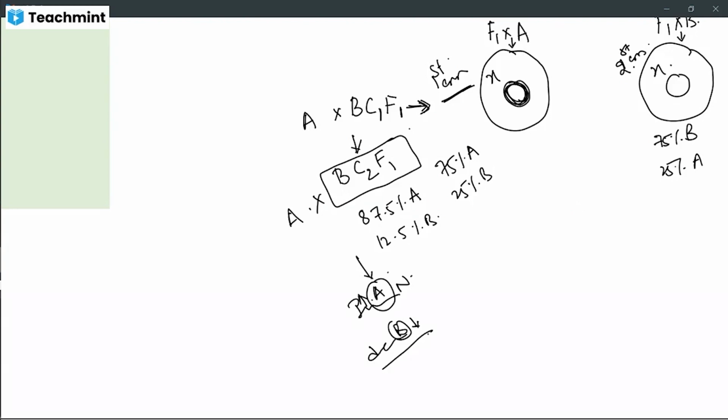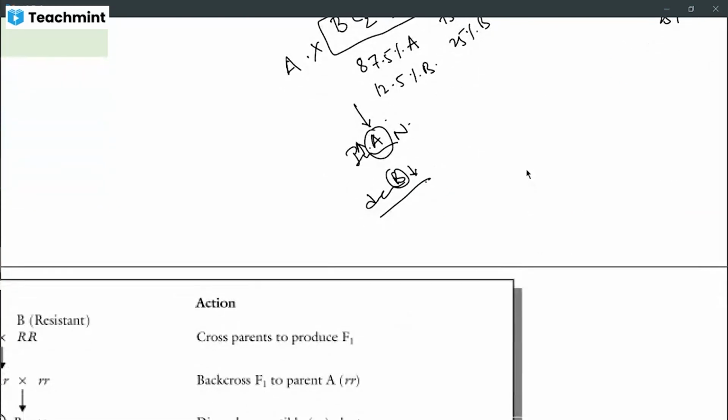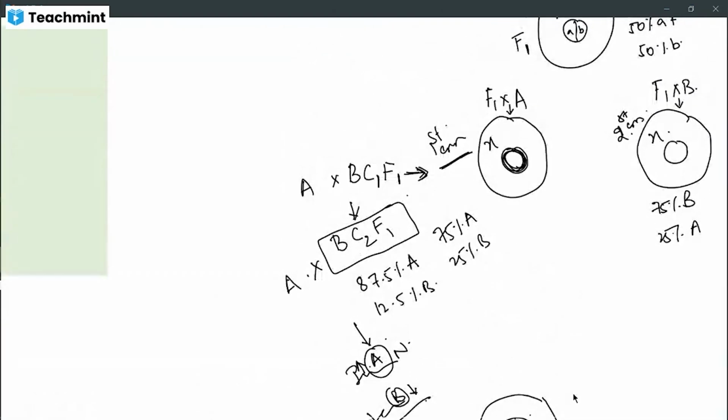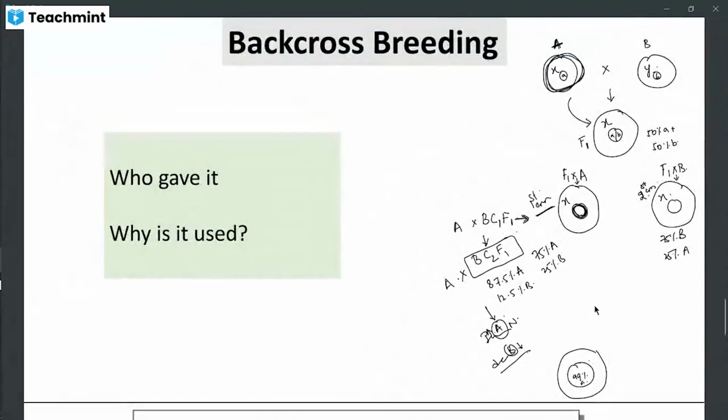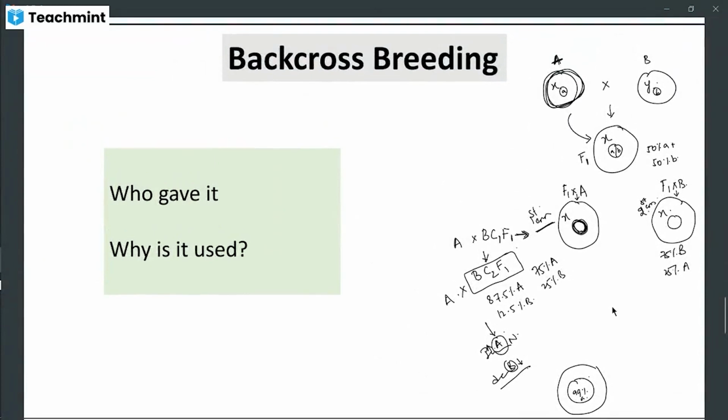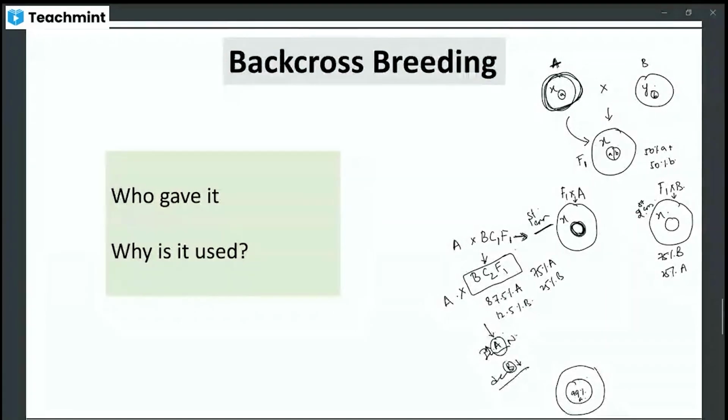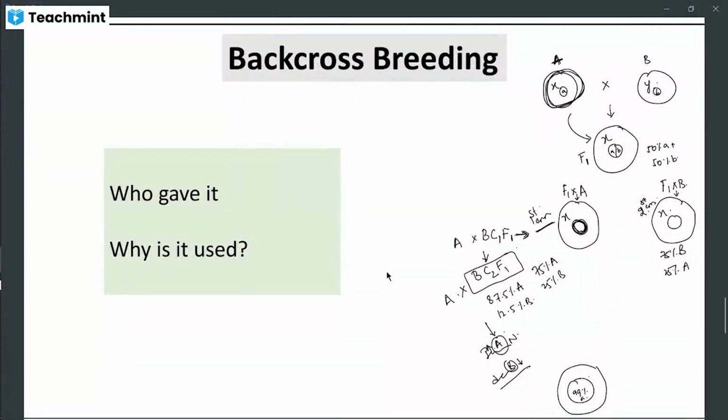Okay. So you will keep performing crosses to such an extent that there is nearly 99% of your A nuclear genome. That is the aim of your backcross breeding, right? Yes, sir. Right, but this is not the sole aim of backcross breeding.